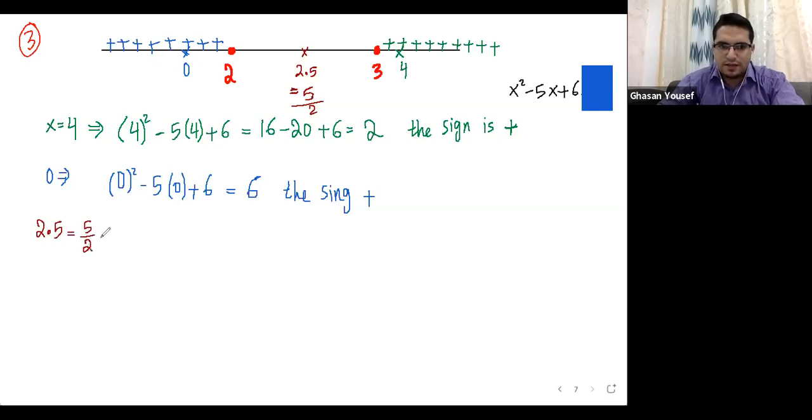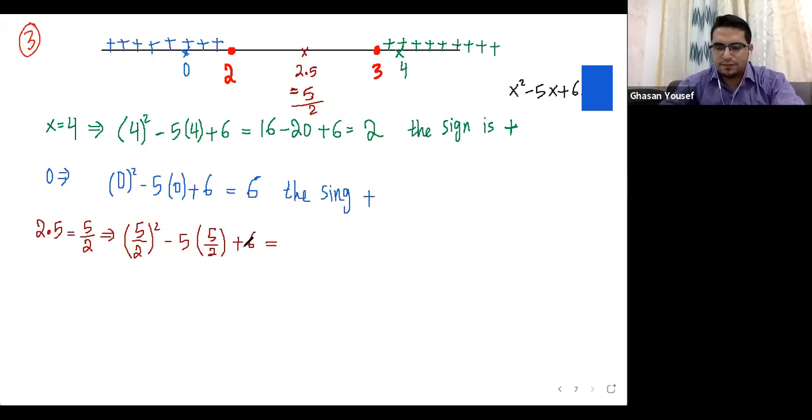Now here I can say this is equal to 5 over 2. Now plug it inside the equation, x squared minus 5x plus 6: 5 over 2 squared, minus 5 times 5 over 2, plus 6.